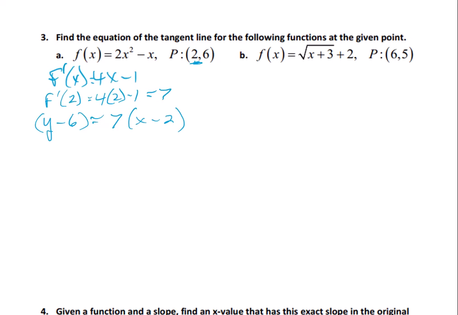I'm just plugging in the 6 from the point they gave me and the 2 from the point they gave me. So I've got y. I'm going to add 6 to both sides. So I've got 6 plus 7x minus 14. Okay, so I've got y equals 7x minus 8. And that would be the equation of the tangent line.